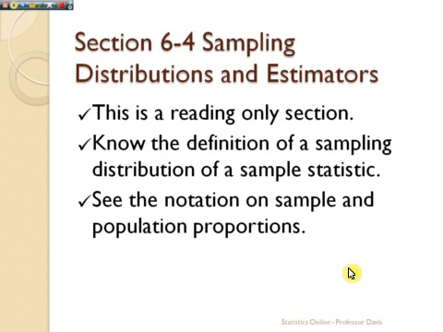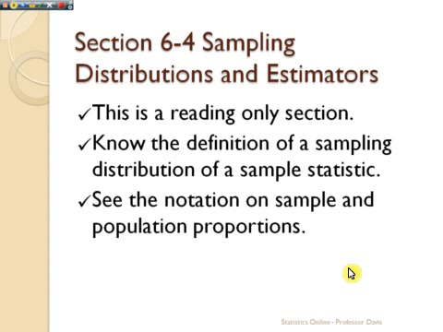So make sure you look over the notation for a sample proportion and its corresponding notation for a population proportion. So the main thing in that section is to get familiar with the standard deviation for sampling distribution, and to know that the mean of a population is also the same as the mean of its corresponding sampling distribution.